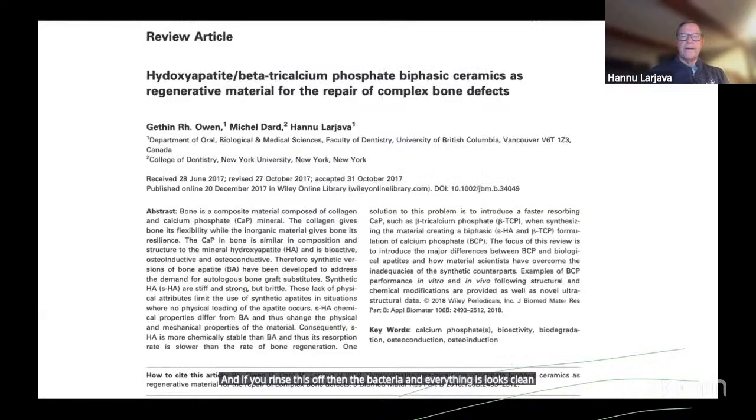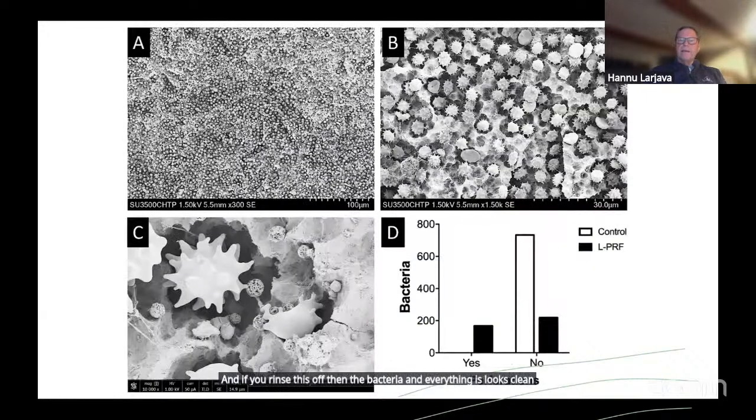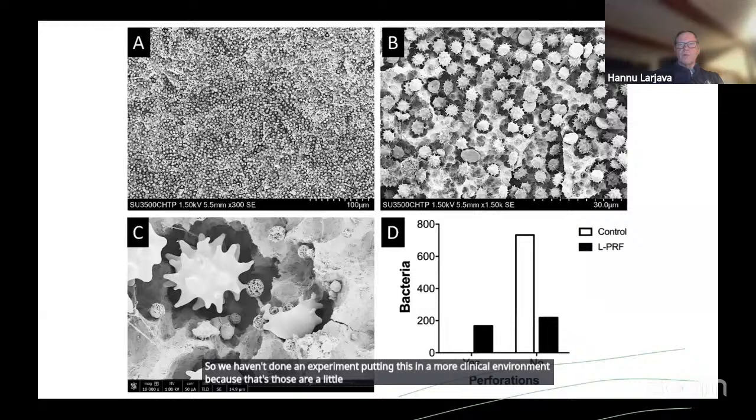So we haven't done an experiment putting this in a more clinical environment, because those are a little more complicated.